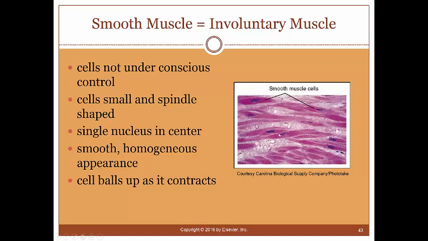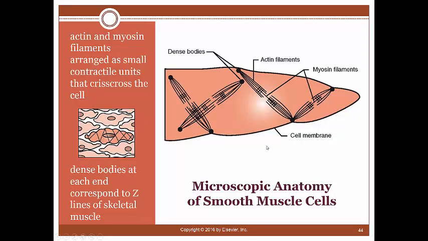With cardiac muscle or skeletal muscle, they contract down the length where the striations are. These actually contract and shrink the whole cell. It almost tries to ball up. And the reason why it has a smooth appearance and it's not striated is we crisscross our actin and myosin fibers in here. What we end up having is what's called dense bodies at either side of the cell in a smooth muscle cell.